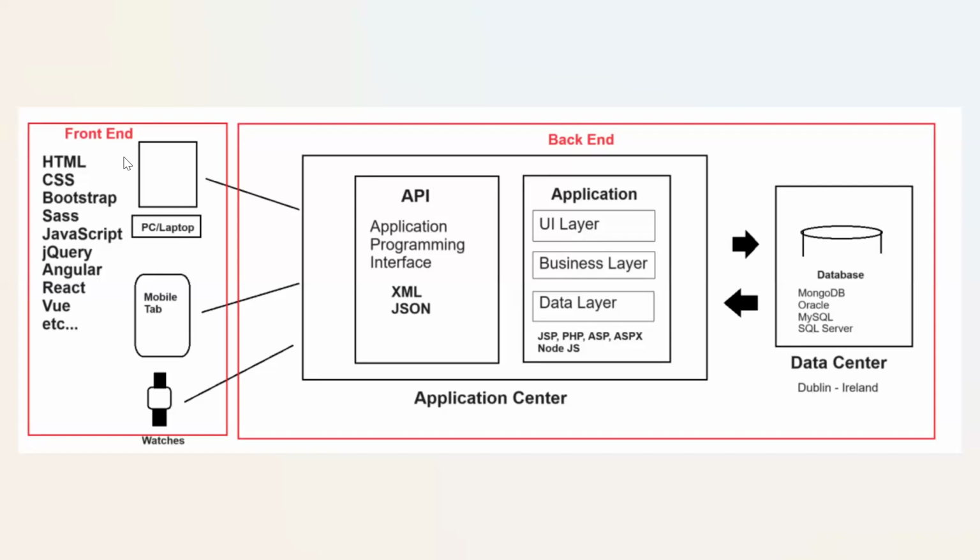Now the point is, a few years back, backend and front end developers were separate. We had separate developers, backend developers separate, front end developers separate. Now companies are not interested in them. There are no jobs for a backend specialist or a front end specialist separately.